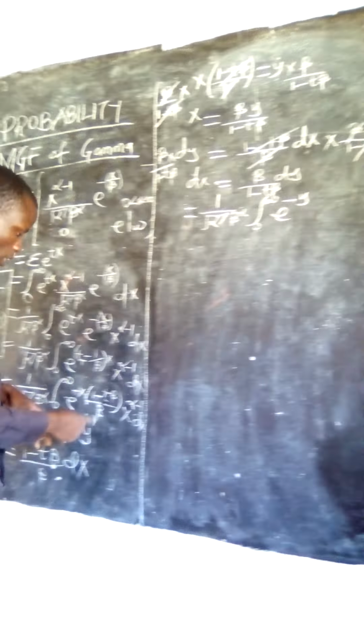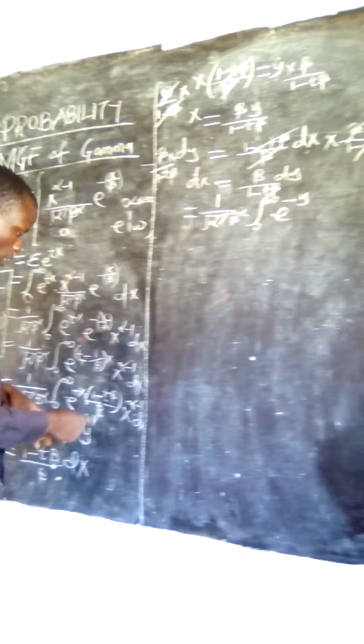Now after that, remember I'm having here dx. And what is my dx? Dx is the same as beta over 1 minus t beta dy. So this is what I write here instead of dx. So I'll write that it is beta over 1 minus t beta dy. Now after writing that, you come and simplify this bracket.